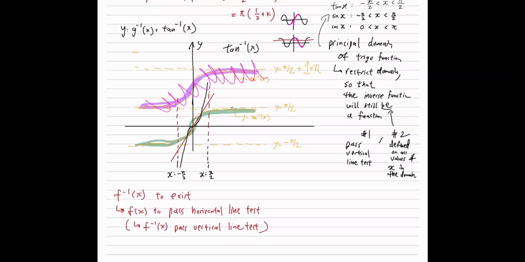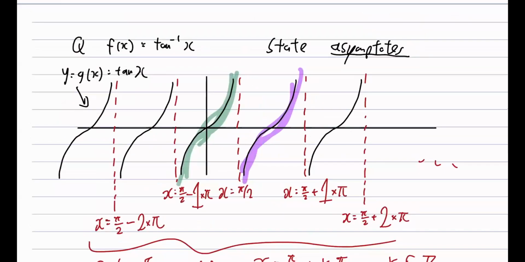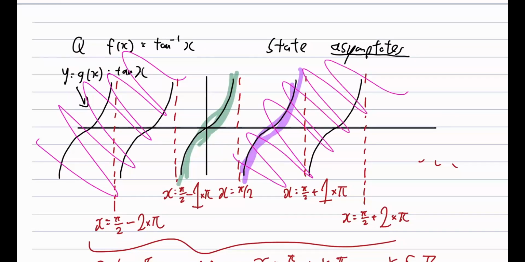Like for example, let's go back to tangent inverse x. If I chop off all the other parts, I don't want the left half, I don't want the right half, I only want one single copy in the middle. If I draw a horizontal line, how many times does it intersect the green graph? One.